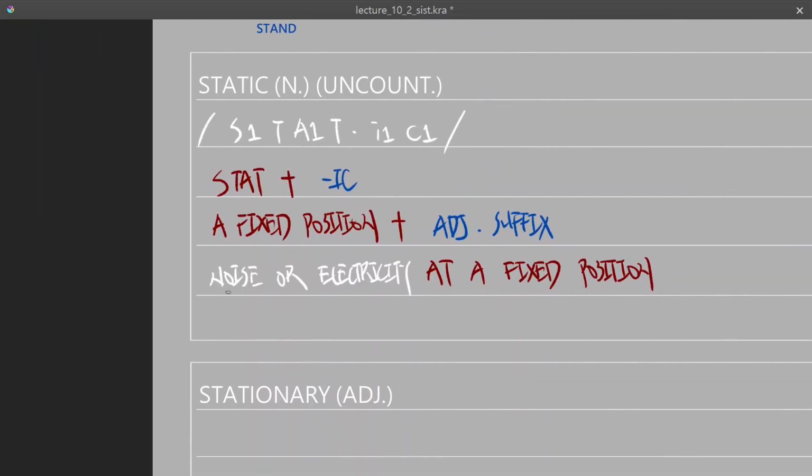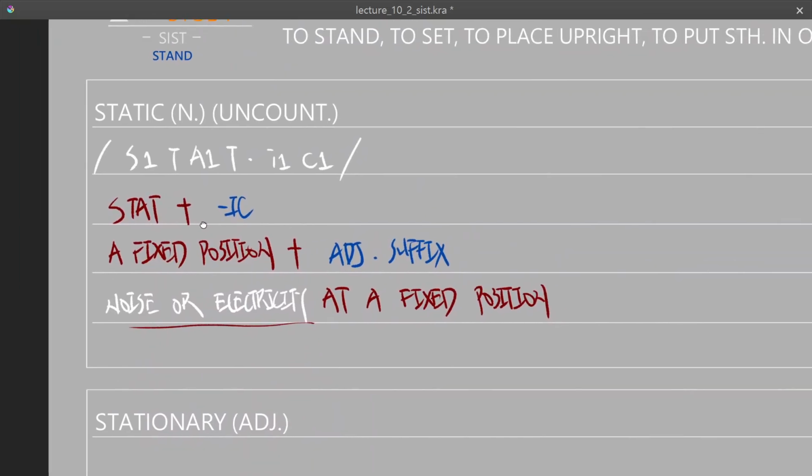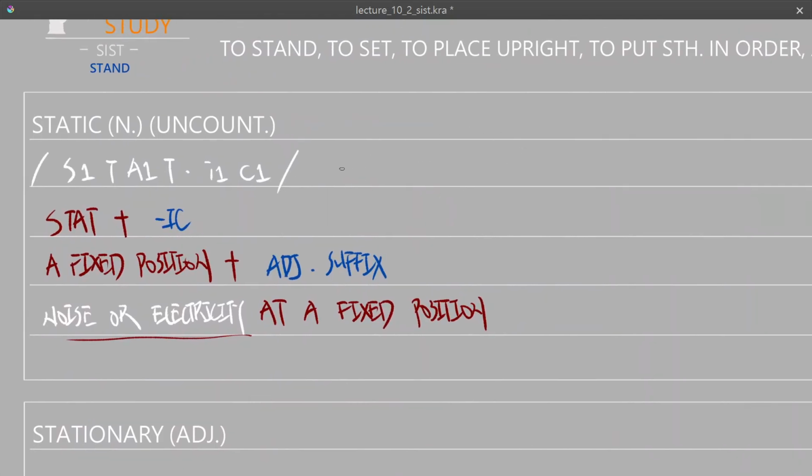It means the noise or electricity is staying in the air, not flowing.